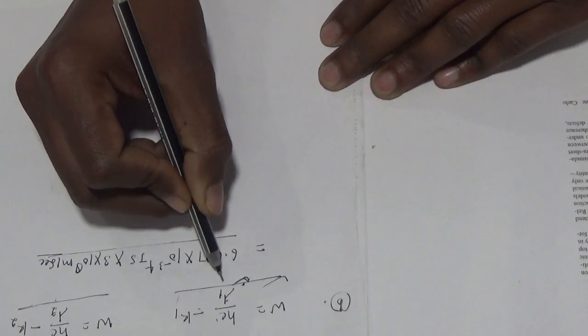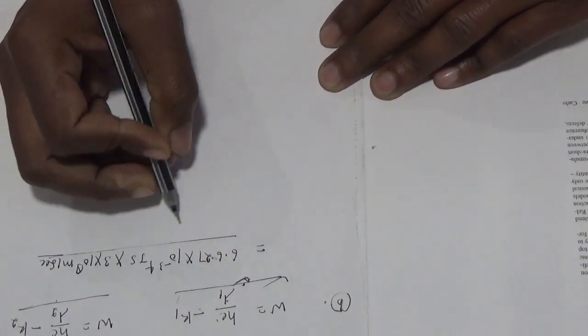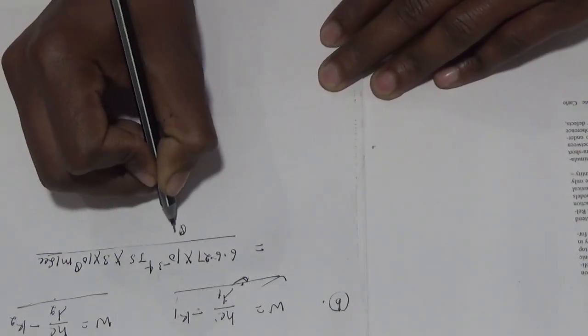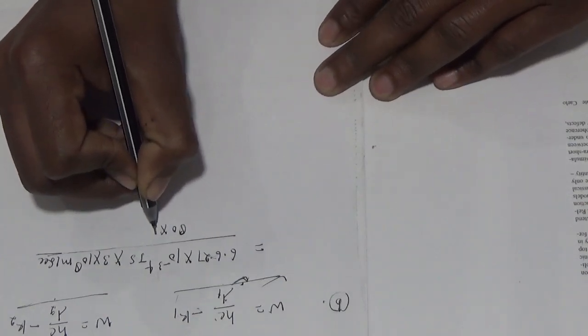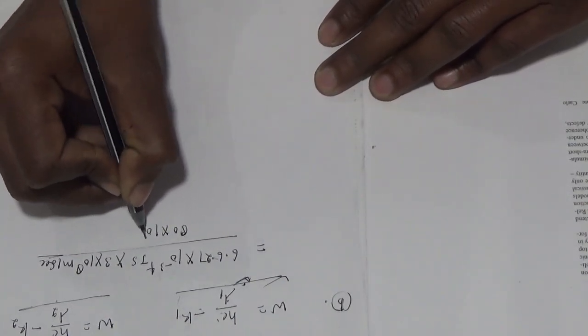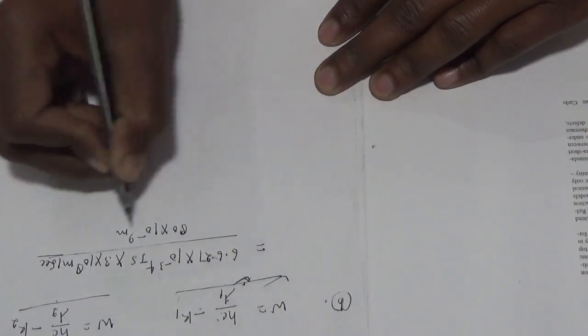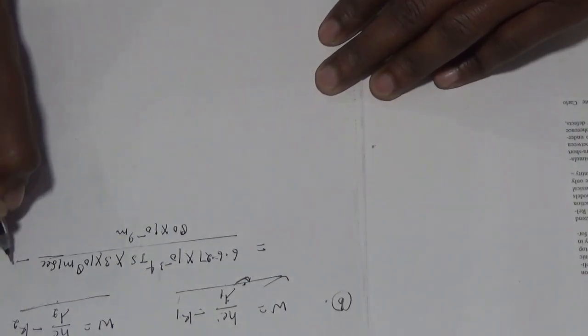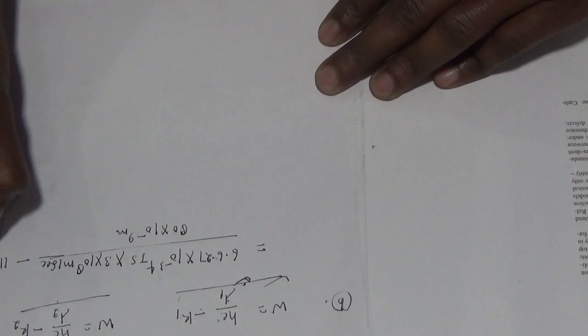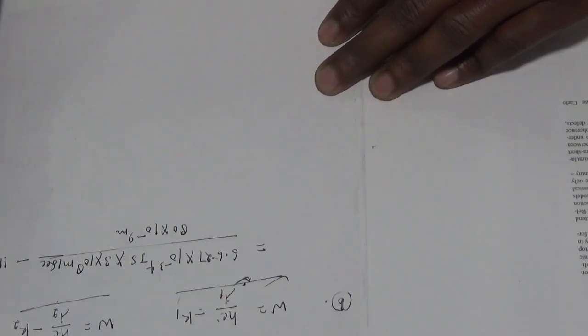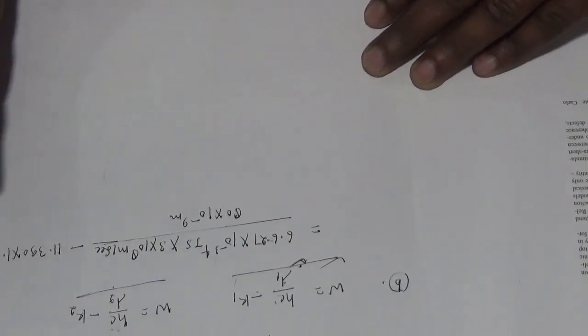Now we will put the value of lambda 1, which is 80 multiplied by 10 to power minus 9 meter, minus K1, which is 11.390 multiplied by 1.6 multiplied by 10 to power minus 19 joule.